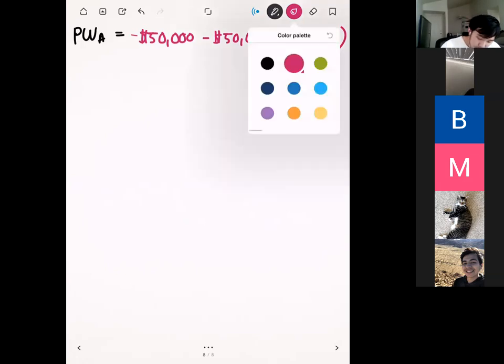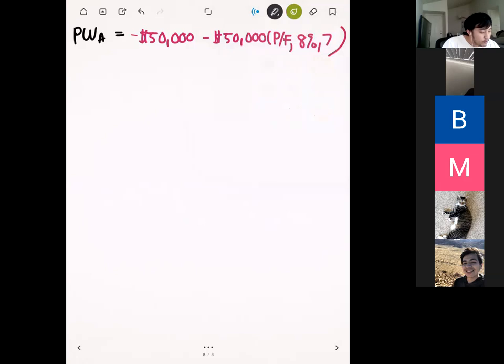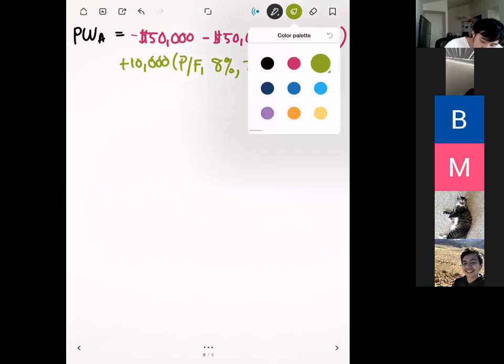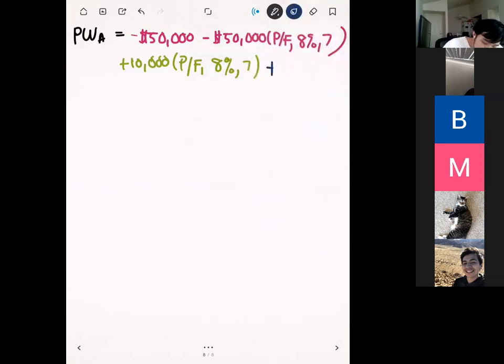Okay. Next, we have to add our salvage value. So our salvage value at 10,000, that's our end of life salvage value, and that's going to occur in year 7. Right. So again, this is a single sum. So it's a P over F, 8% and 7. And then we have to add in our salvage value at year 10, which is $20,000.